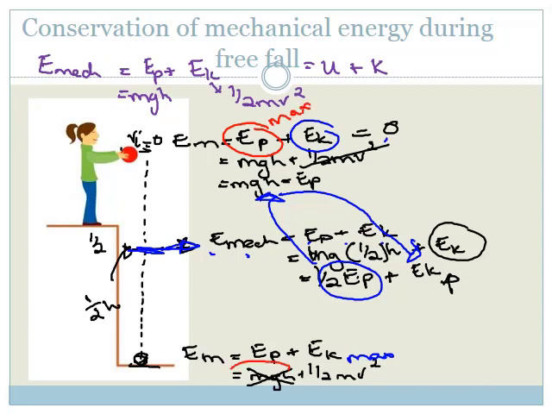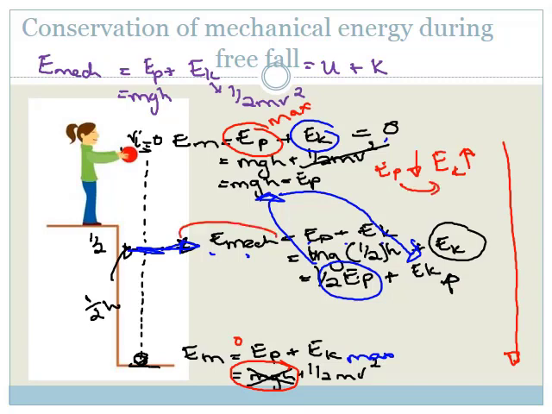Over here, there's no potential energy, it's 0, and your kinetic energy is a maximum. And as you travel down, the potential energy is going to be going down, and the kinetic energy is going to be going up, so that it is being continually transferred, so that EMEC, the total mechanical energy, remains the same. But this, of course, can only happen during free fall.